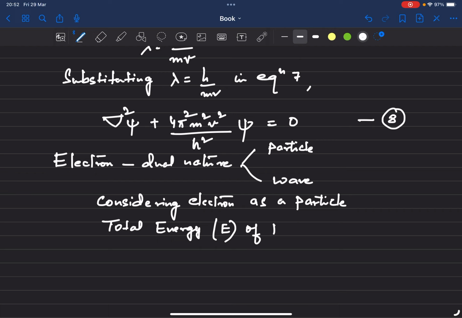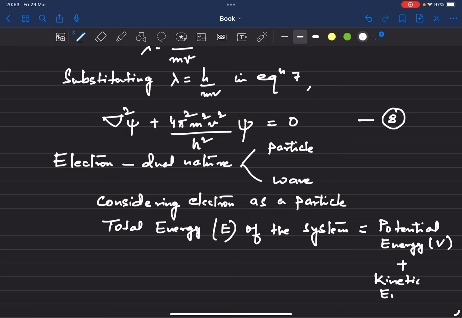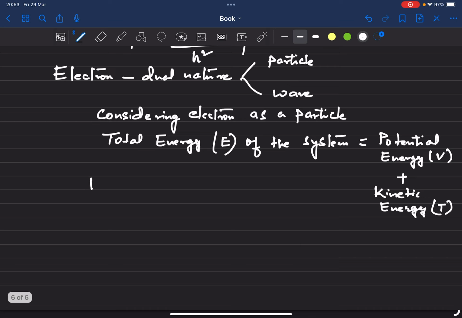Total energy of the system क्या हो जाएगा? Will be the sum total of potential energy and kinetic energy. It will be the sum total of potential energy, जिसको हम कैपिटल V से डिनोट करते हैं, plus kinetic energy, और काइनेटिक एनर्जी को हम कैपिटल T से डिनोट करते हैं. So in short we can write it as total energy of the electron considering that it is a particle. We can express it as V plus T, और T plus V also you can write.